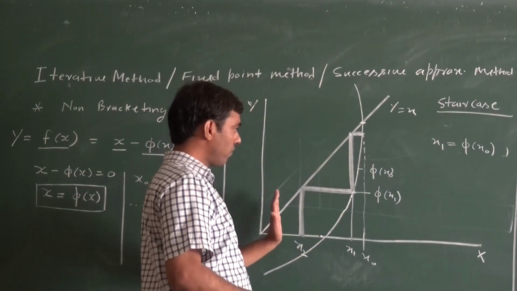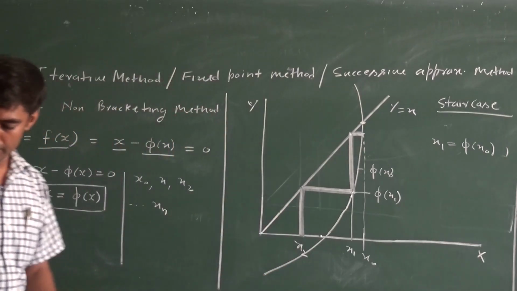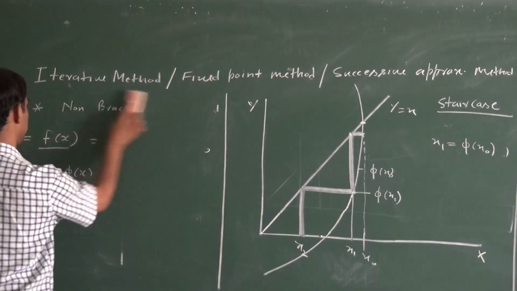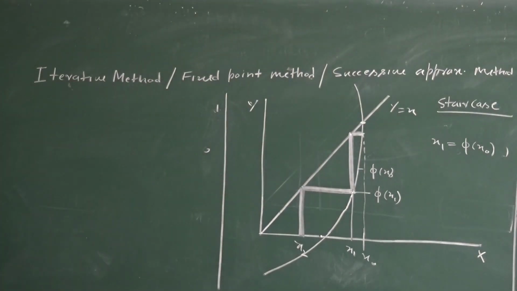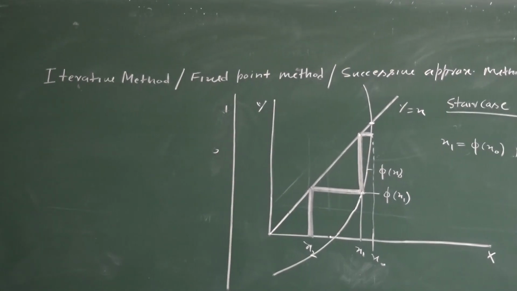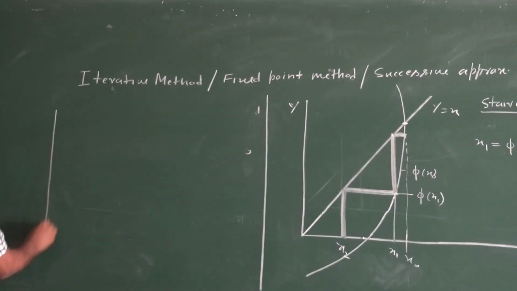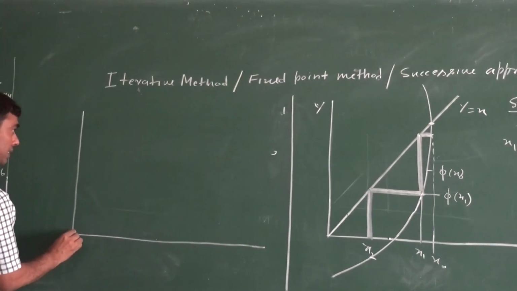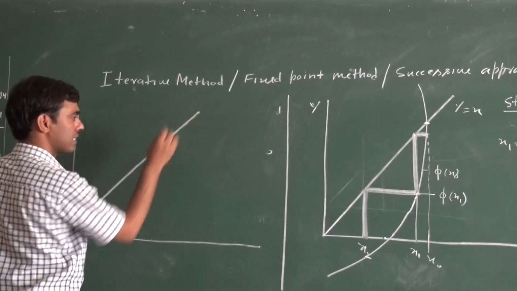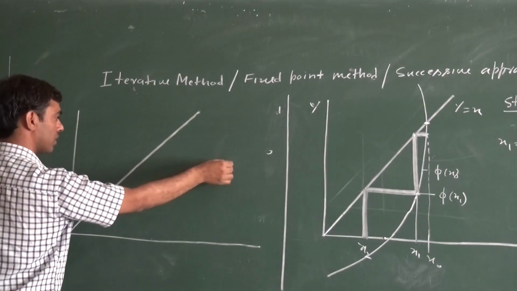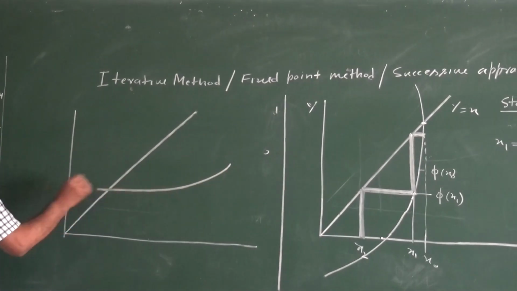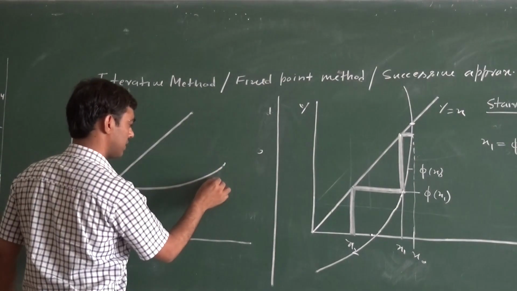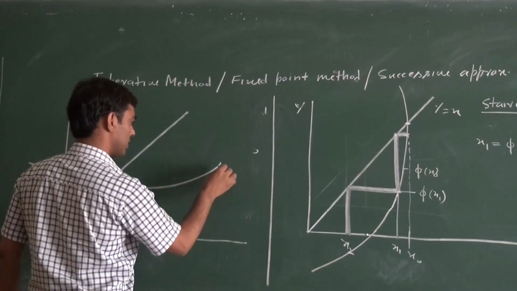If we take another graph that looks like this, what will happen here? This is y equal x, and this is the graph of phi x.